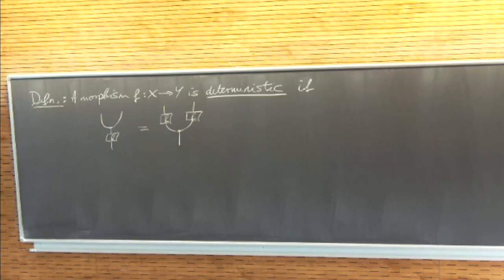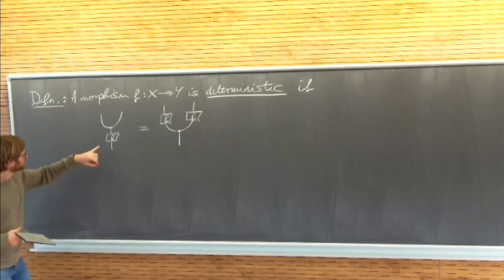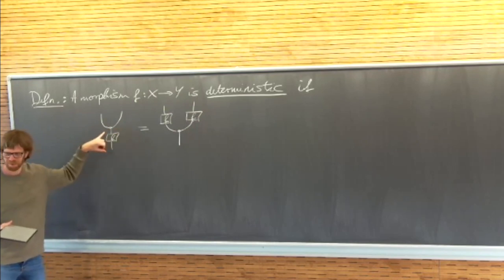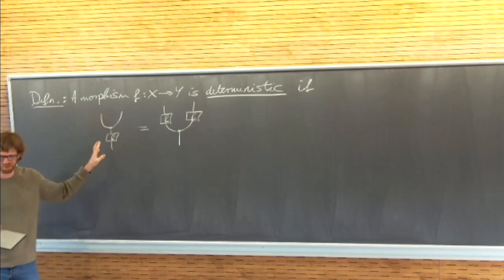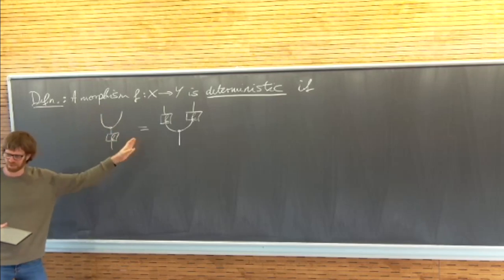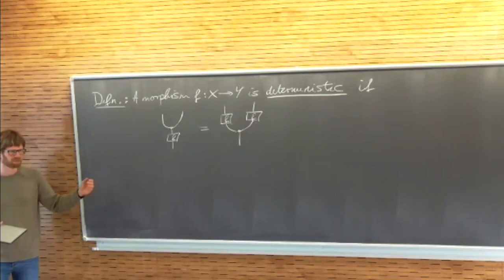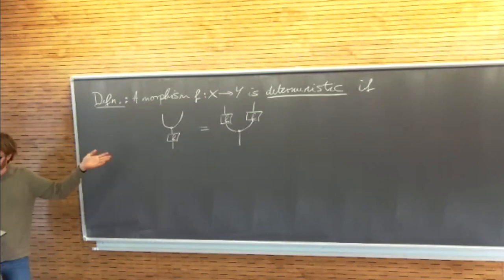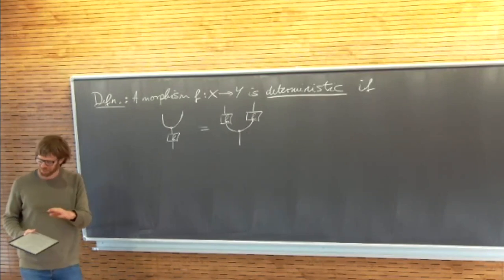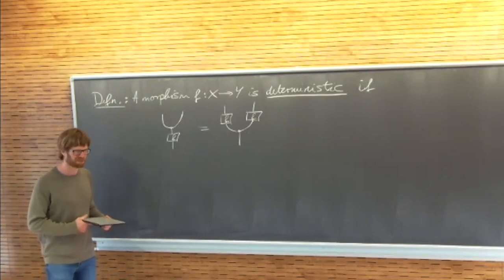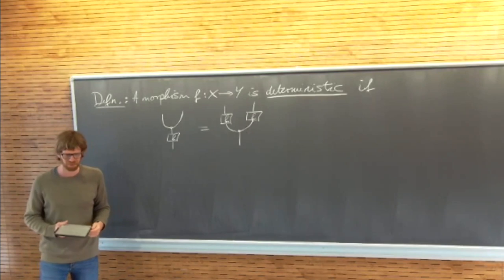Okay, so in the C-star case, Paolo already mentioned as well, these are the star homomorphisms. And maybe we can just recall why that is the case. Remember that the copy is the multiplication. And so this is literally just saying that F must preserve the multiplication. And we're already assuming that F is a positive map. In the commutative case, we'll just stop saying completely positive since it's equivalent to just positive.